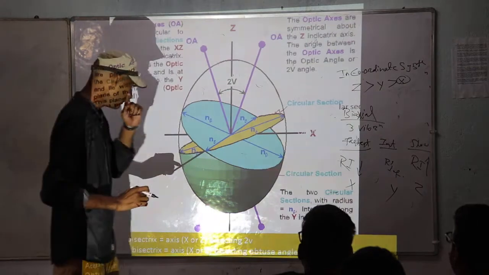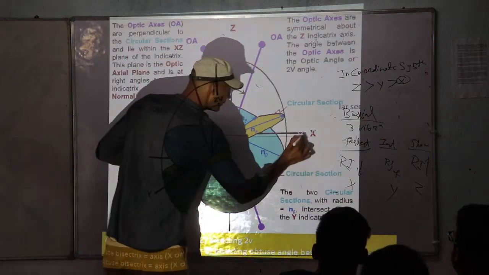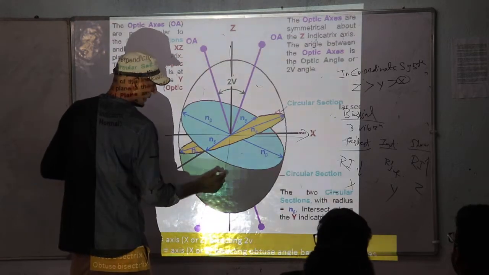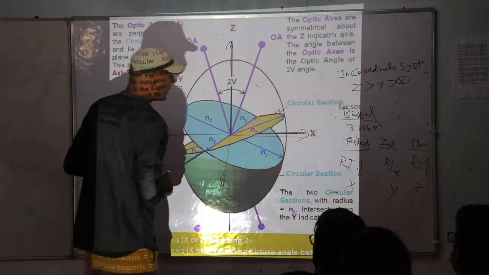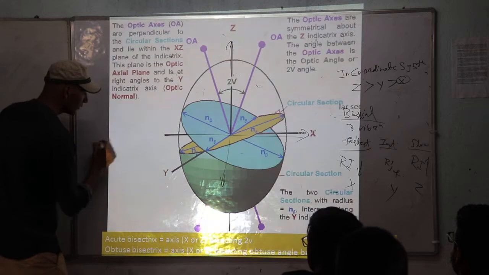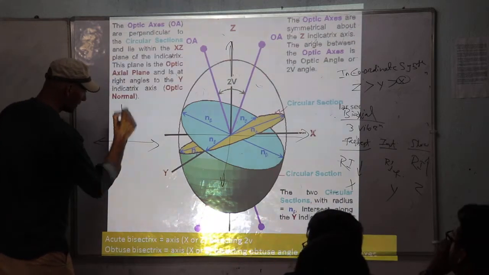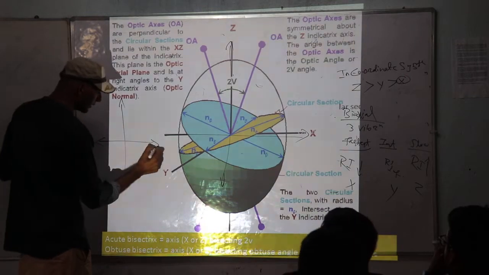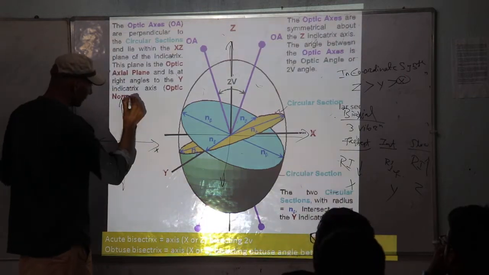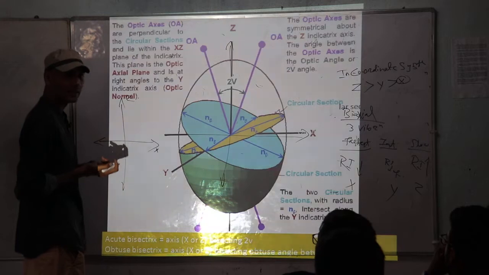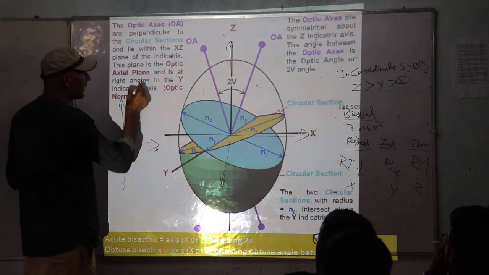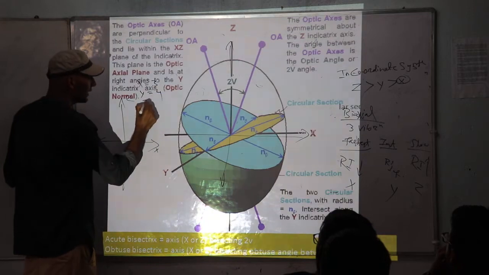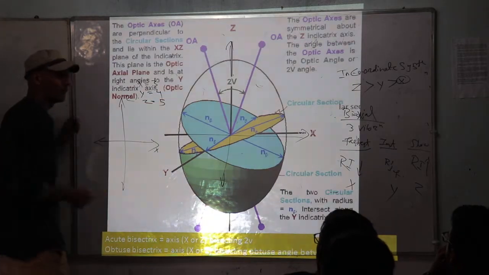So see here, this is your X axis, this is the Z axis. This is the longest, this is the shortest. Okay, let's take an example. For example, X has a value of 3, Y has a value of 4, Z has a value of 5.